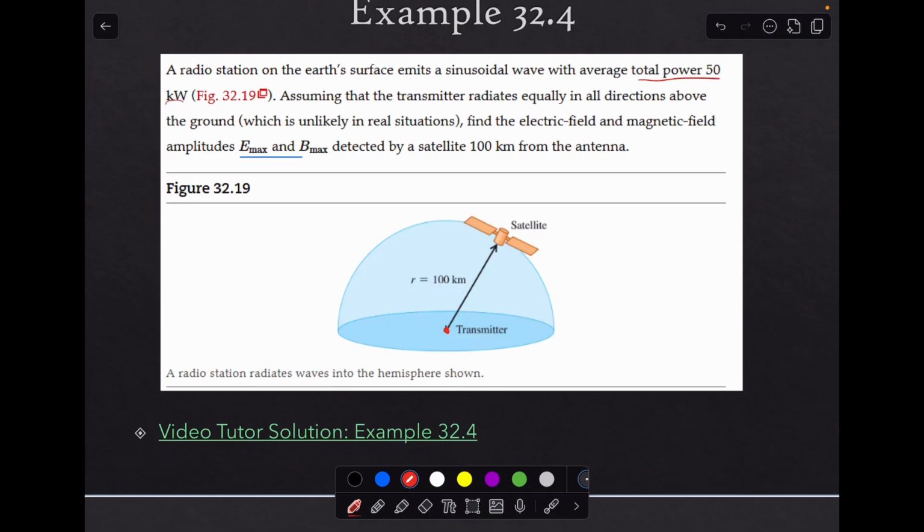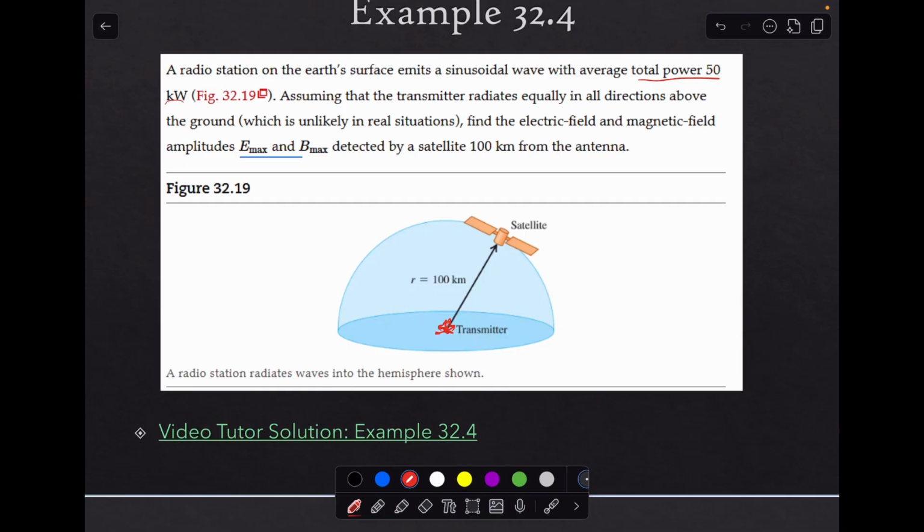So right here, we're sending out 50 kilowatts of E field in all sorts of different directions. Assuming that the transmitter radiates equally in all directions, what is the electric field and the magnetic field amplitude detected by a satellite which happens to be 100 kilometers away from the antenna?